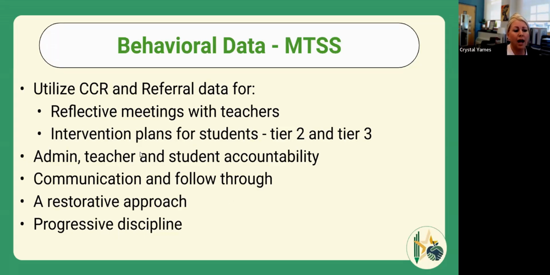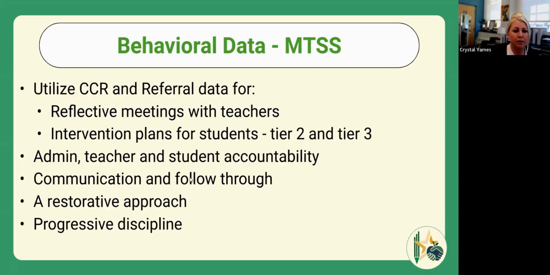This data also helps us to be accountable, whether it be for us as administrators, for our teachers, and for students. It's really important for us to sit down at MTSS with the data already analyzed. Our assistant principal brings this data monthly, and so we're able to see what's happening, what's trending, what's happening school-wide, what's happening per grade level, per teacher, per student, and so on.